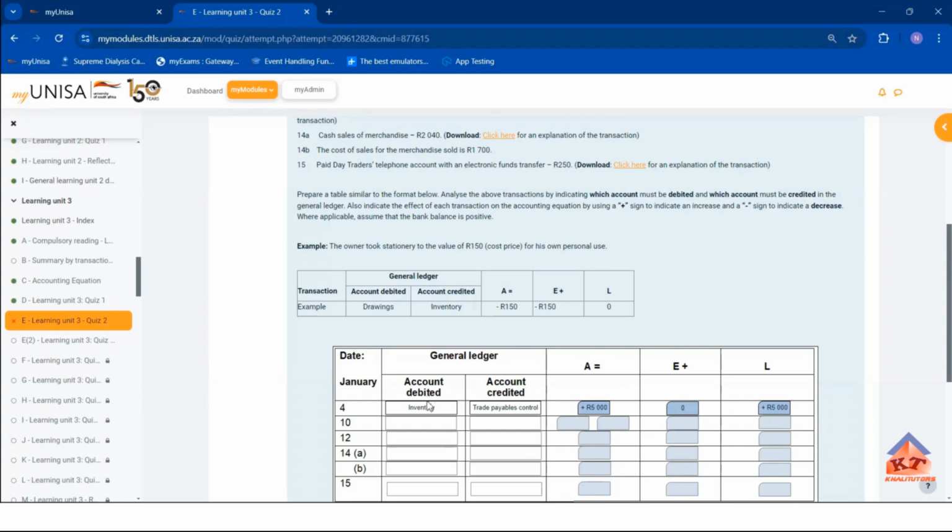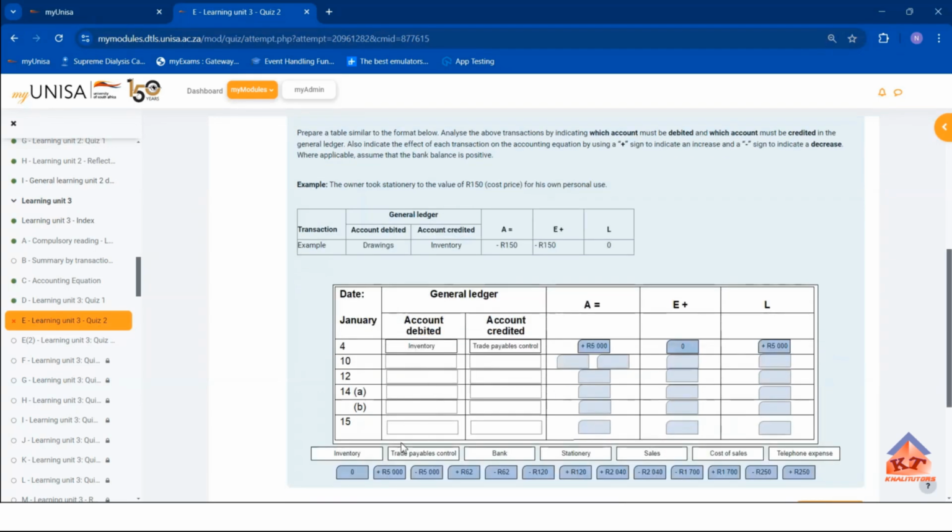We are still going to use the inventory account here, because the money goes towards inventory. These are additional costs for inventory, and we are also going to credit this money to the bank account. The money left from the bank account to inventory.